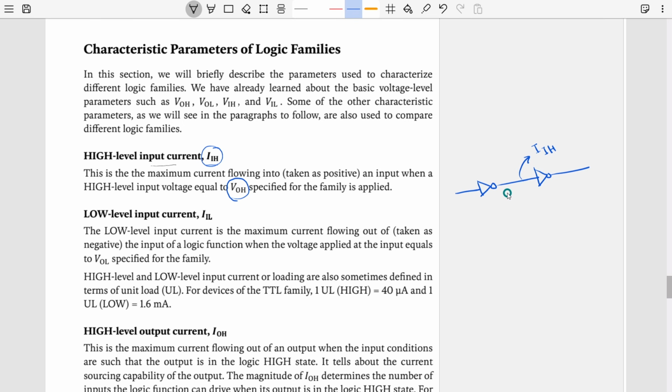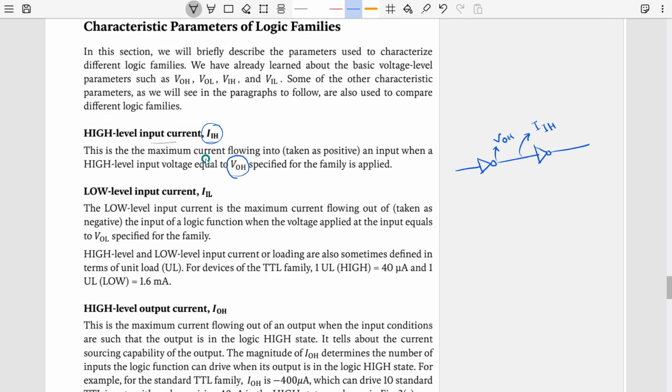For that logic high, the amount of voltage it will get is VOH. So the previous gate is currently providing VOH voltage, and in that case, what is the maximum current it can consume? That will be the value of IIH.